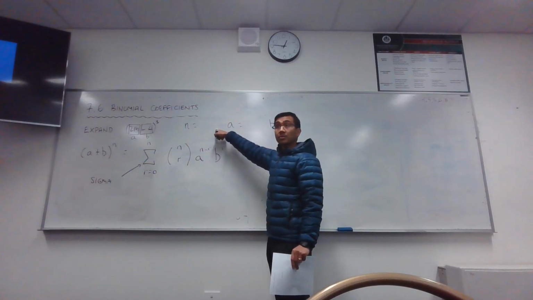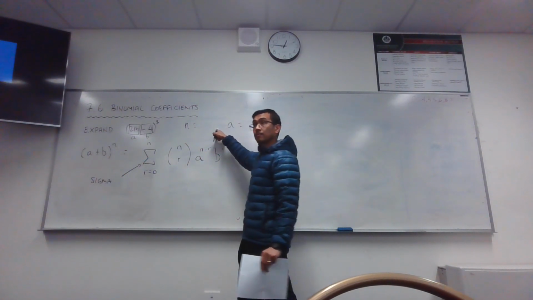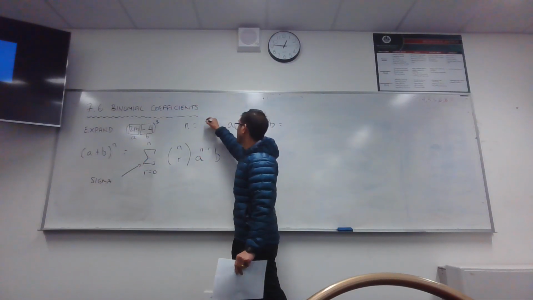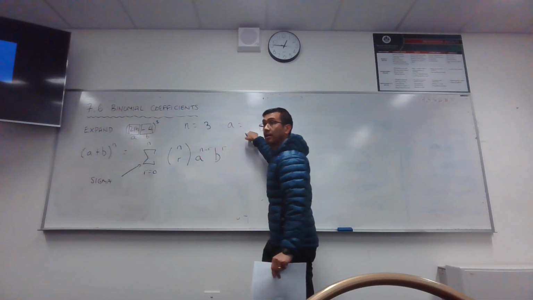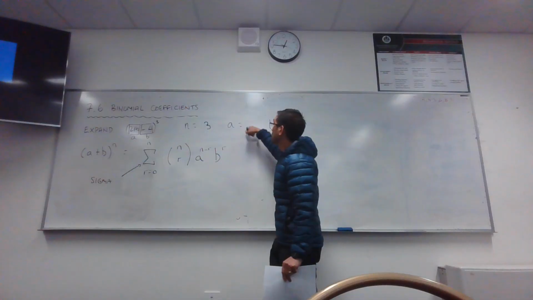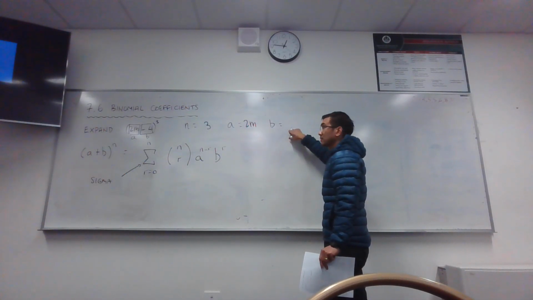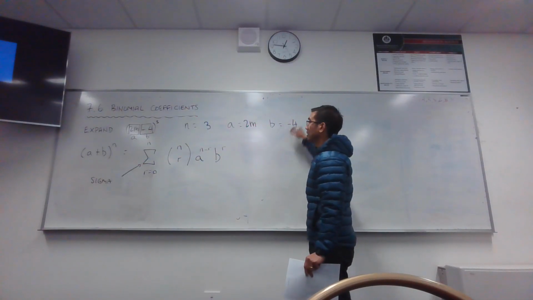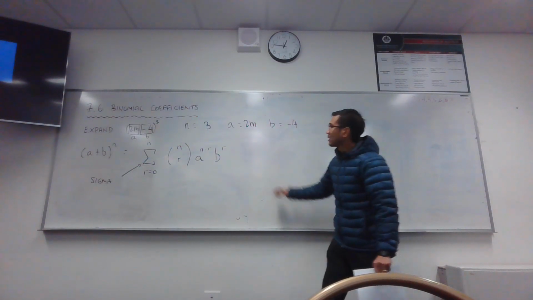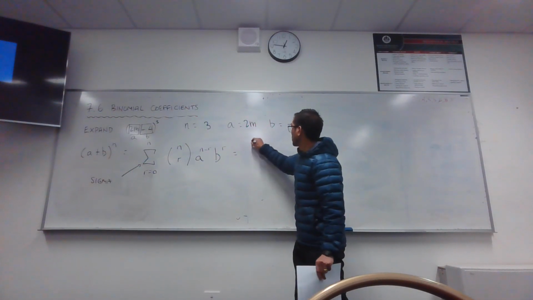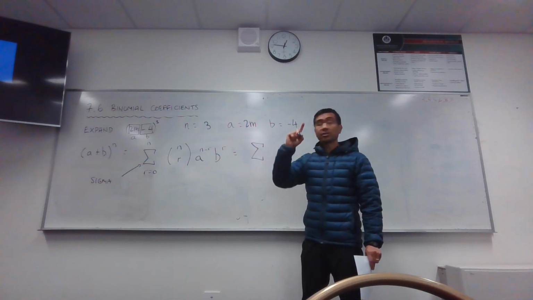So what's our N going to be, Tim? 3. What's my A, Amy? 2M. And my B, Perry? -4. It's really important to establish that now. So when we do it, let's not touch the R first.